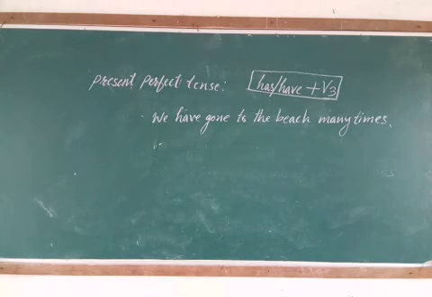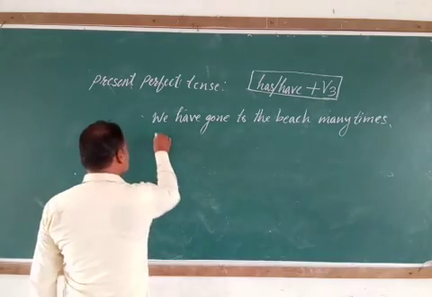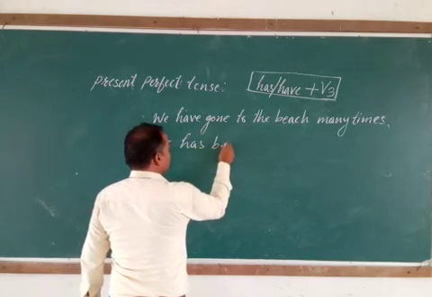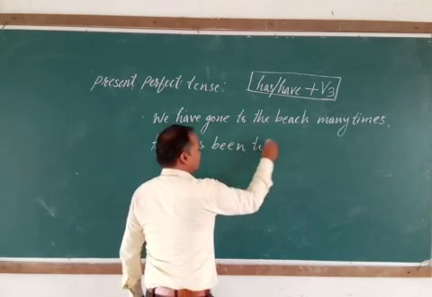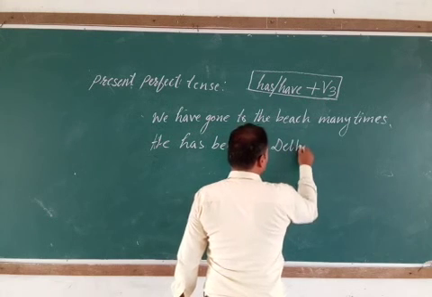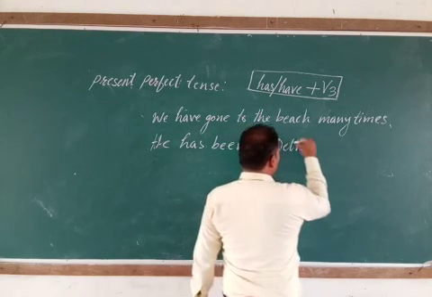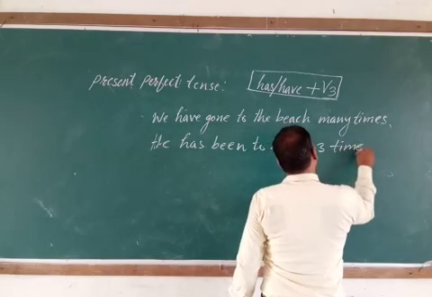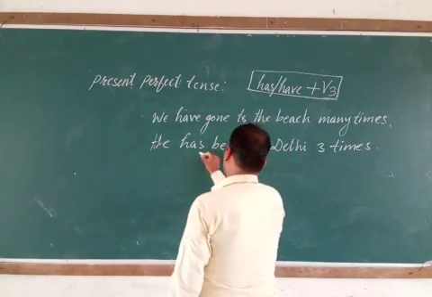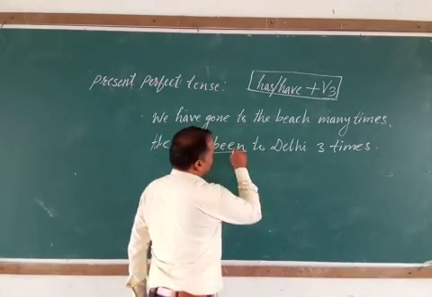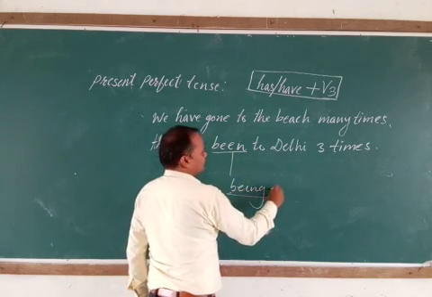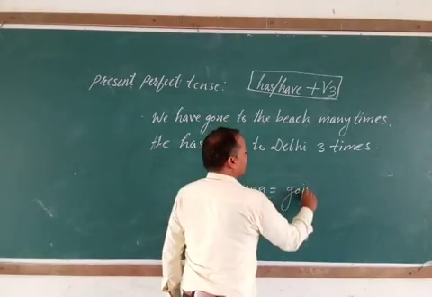I can say, he has been to Delhi three times. So here the action of being in Delhi, what is the meaning of going to Delhi?